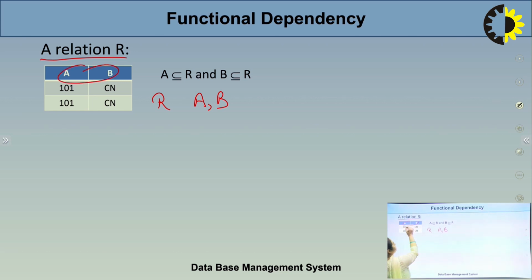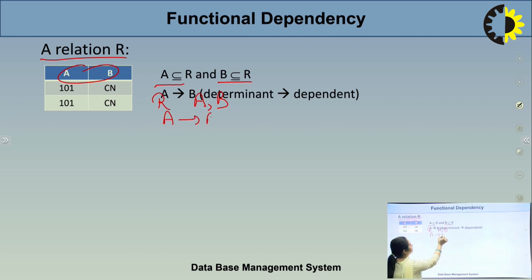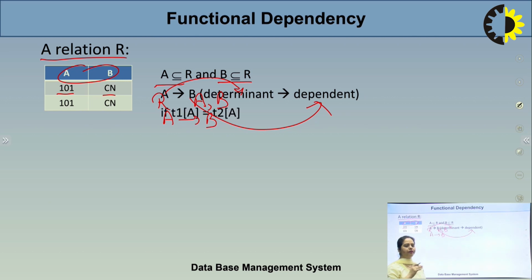A is a subset of R, and B is also a subset of R. We can write it down like that. Next, we can see that A determines B. Means with the help of the value of A, I can search the value of B. If I have the value 101, I can tell the value of B, that is Cn. So in this dependency, A is known as the determinant and B is known as the dependent, because the value of B is dependent on the value of A.